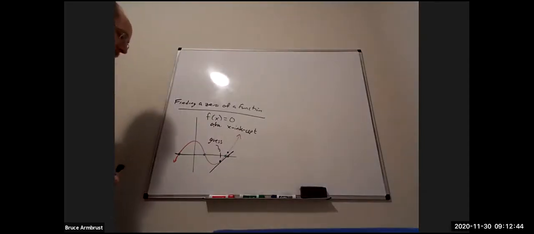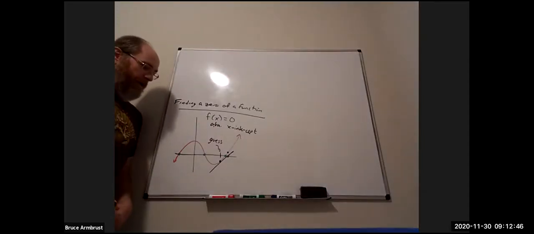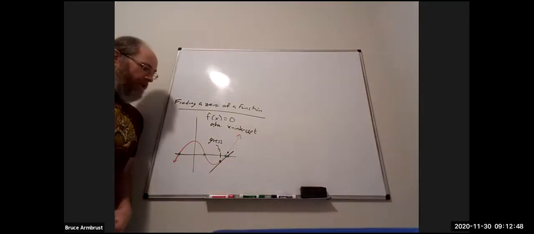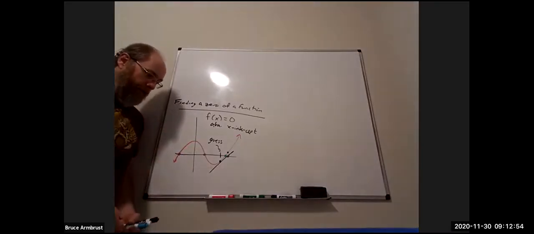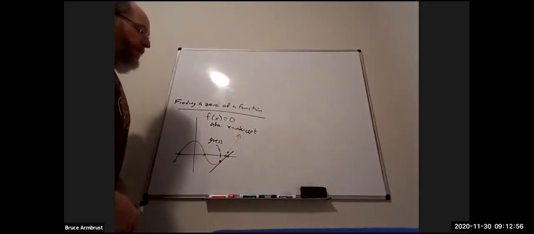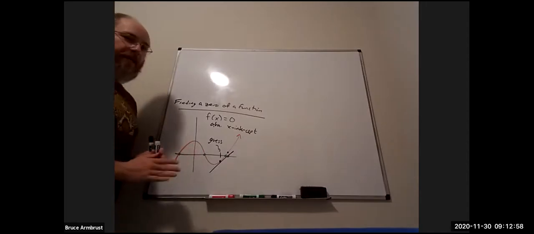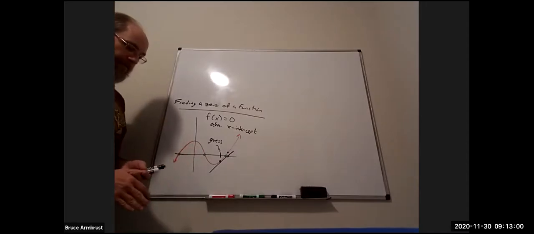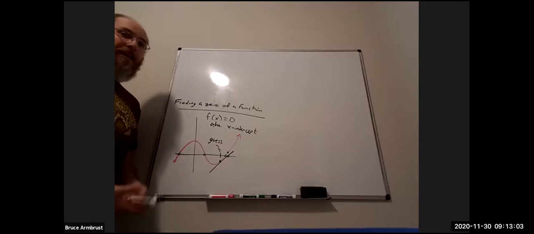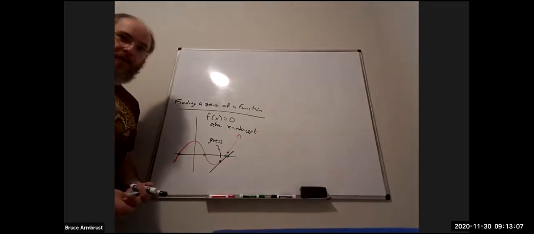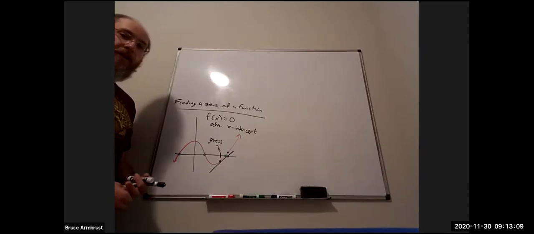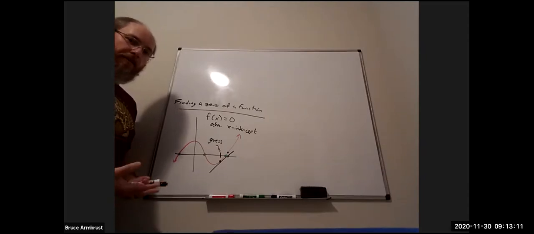So that's entirely the idea behind Newton's method: keep making guesses until you get sufficiently close to the actual zero. Use that tangent line as an approximation for the function, find its intercept, and use that as our next guess.